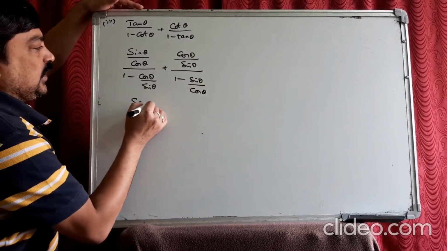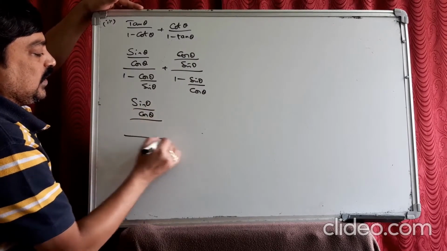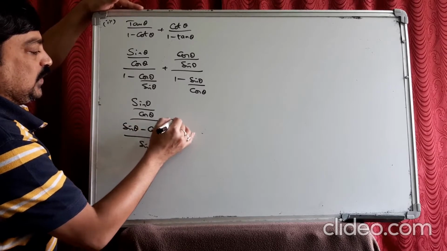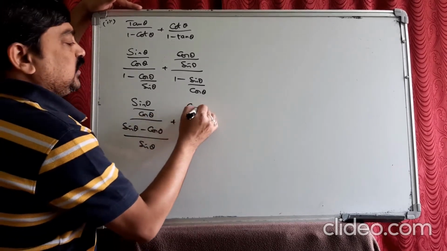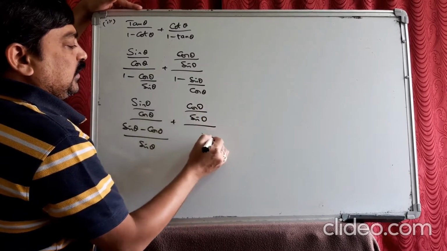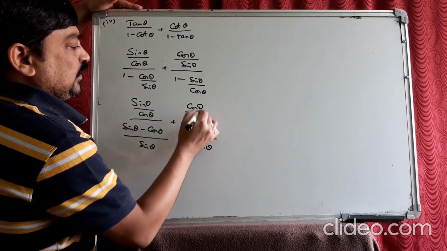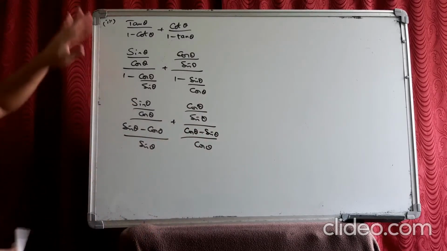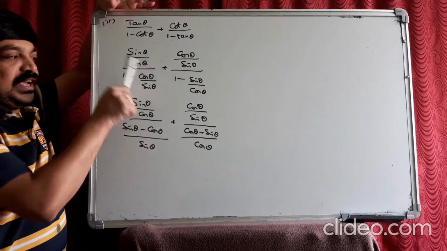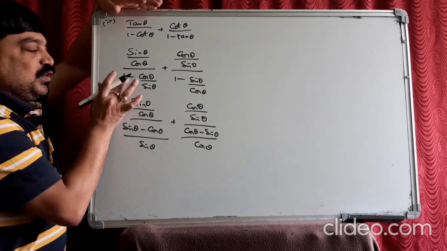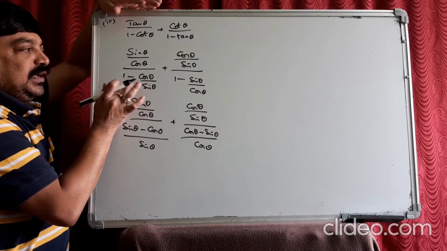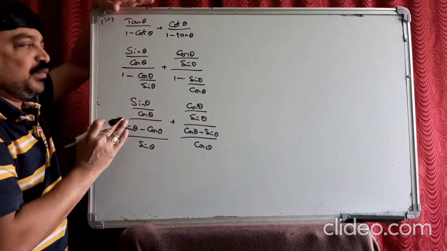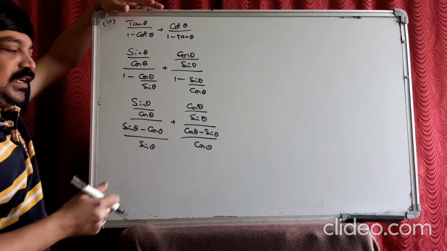Now, sine theta by cos theta, LCM is sine theta, it becomes sine theta minus cos theta, plus cos theta by sine theta, here LCM is cos theta, you get cos theta minus sine theta. Now be careful when you are doing this, don't cancel anything here, because you have some gap in between this fraction and 1. Some people think that they can reciprocate here only. No. After taking LCM only, you should take the reciprocal.